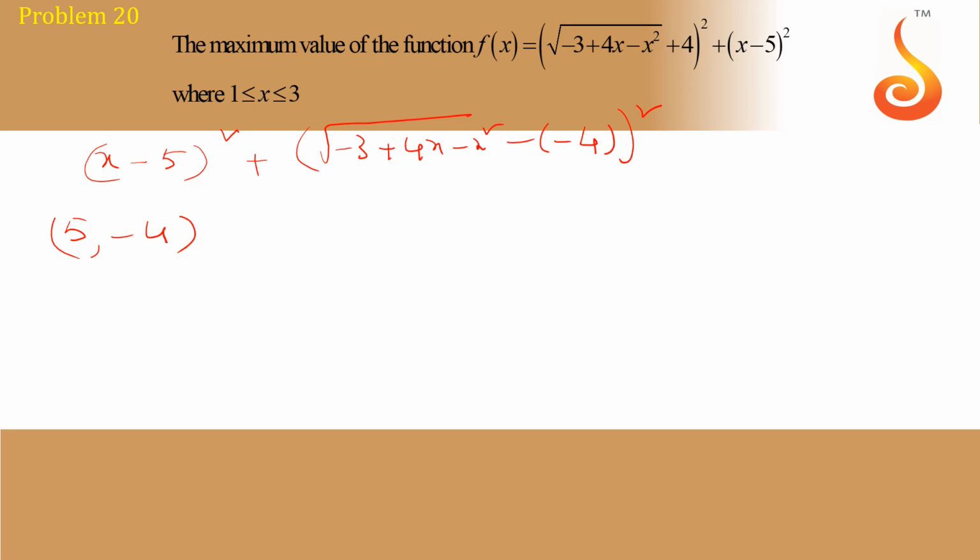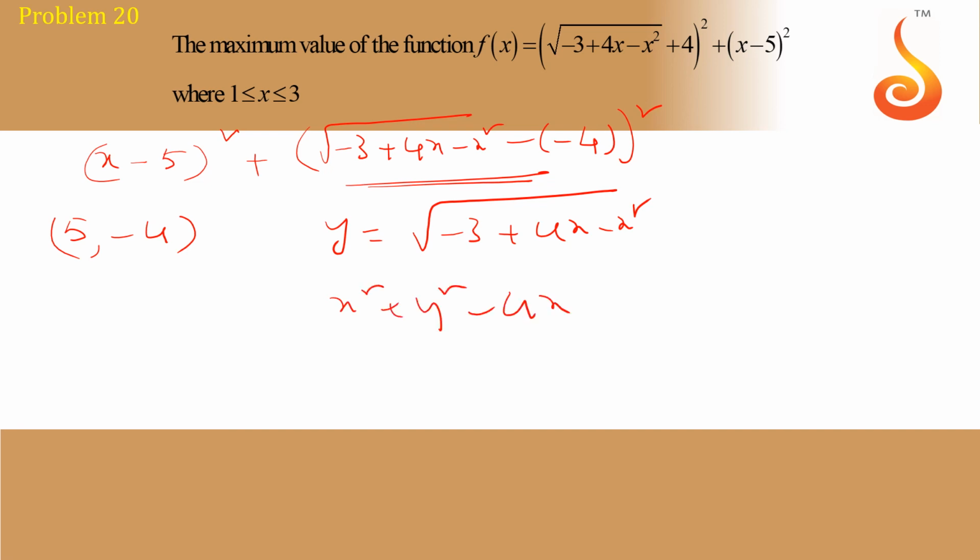And if I take y equal to under root of minus 3 plus 4x minus x square, then you know that this is a circle, x square plus y square minus 4x plus 3 equal to 0.